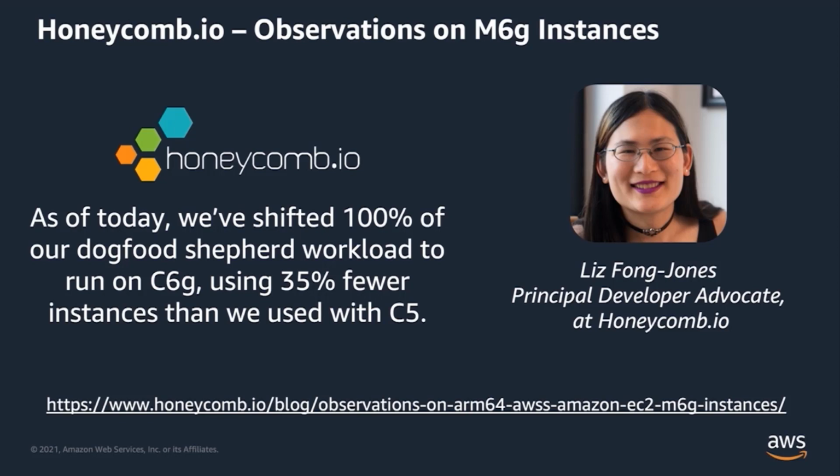And I think this is a really notable example because we see this pattern with customers continuously. The enhanced performance from Graviton can often help you reduce your EC2 footprint, so you can look beyond just the cost savings on a per unit basis. And there's actually multiple levers you can pull to optimize your spend because of the enhanced performance of Graviton2 powered instances.